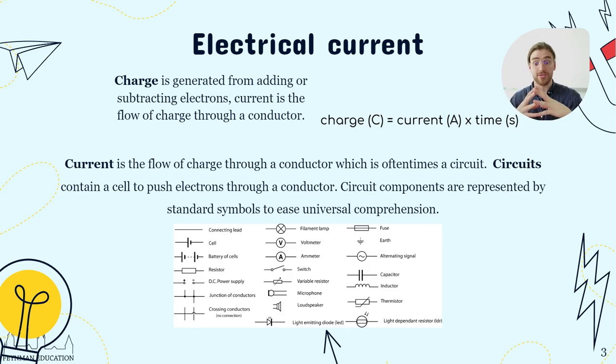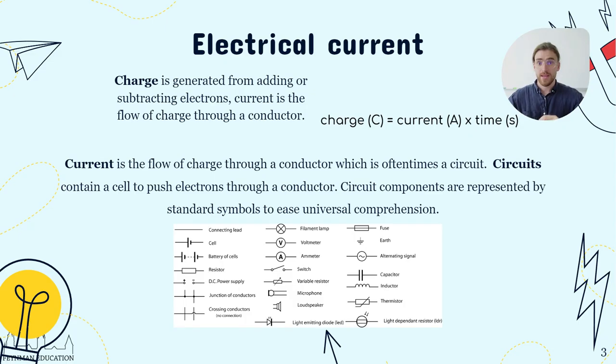Those components are represented by specific symbols, and these are universal symbols. So someone from Japan can talk to someone from Jamaica, let's say, an electrician. They can get together, share their diagrams, and both of them are going to understand exactly what components are being used in this electric circuit.